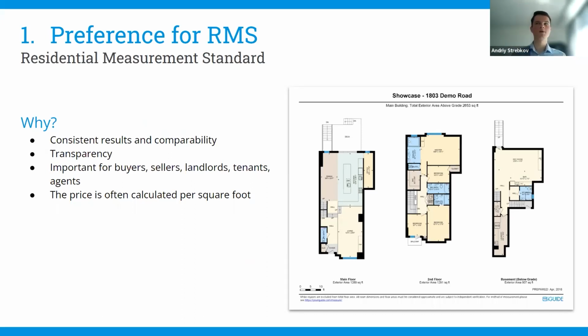For example, if you are comparing a property in Kitchener to a property in Barrie, or two different properties within the same city, you can easily compare them, because you know what's included and what's not included. You know that, for example, any basements would be excluded because both measurements follow the same standard. So it gives you consistent results.